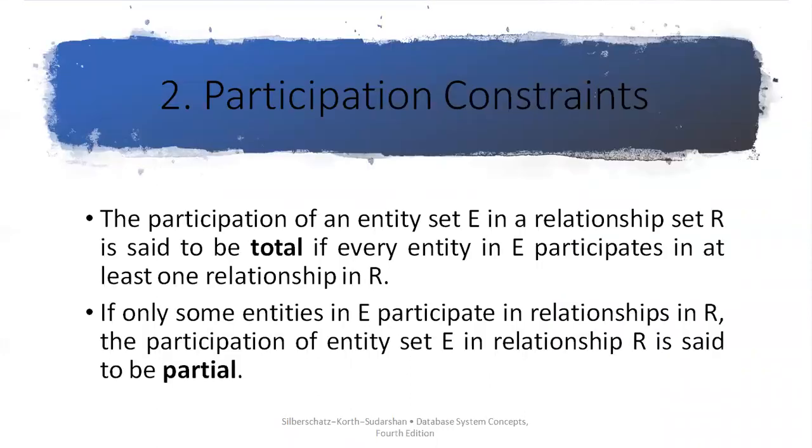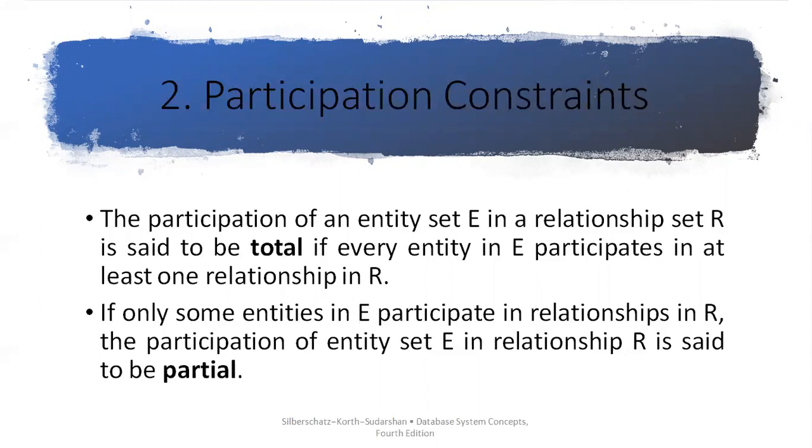Let us go to the next point, that is participation constraints. Now, this is an interesting slide. The participation of an entity set E in a relationship set R is said to be total if every entity in E participates in at least one relationship in R. If this is the case, we call it total participation.